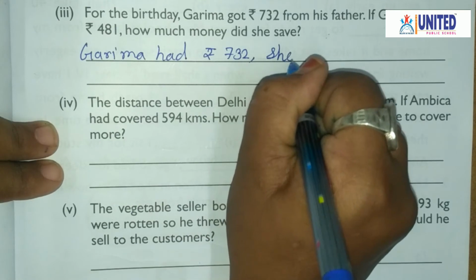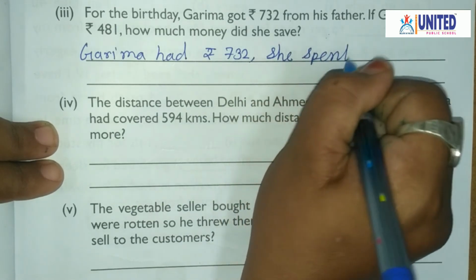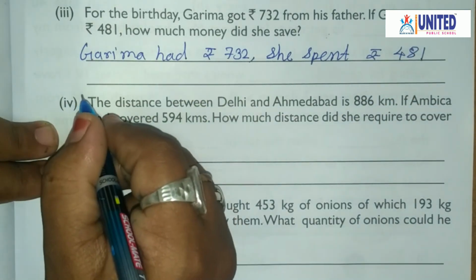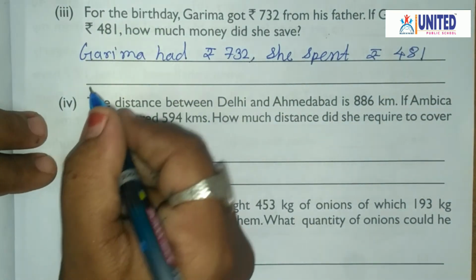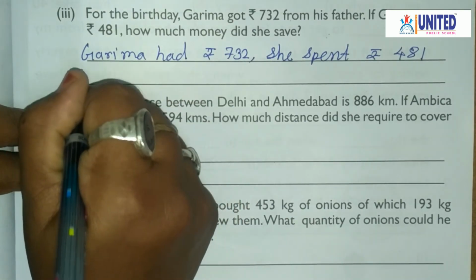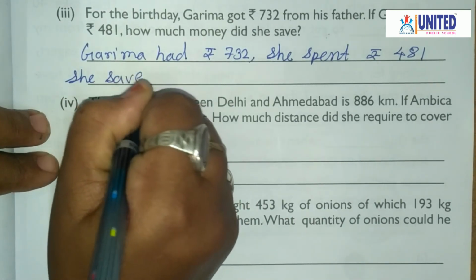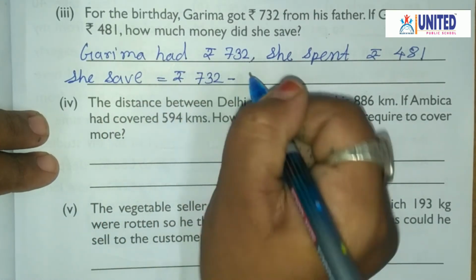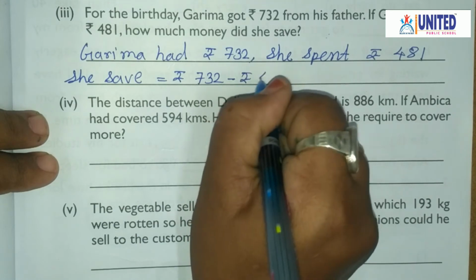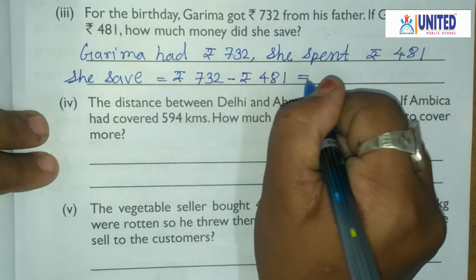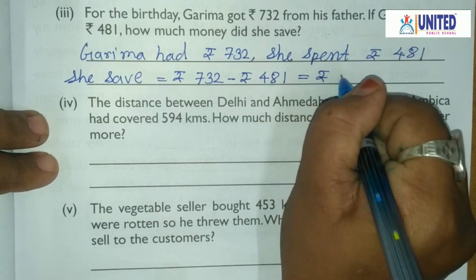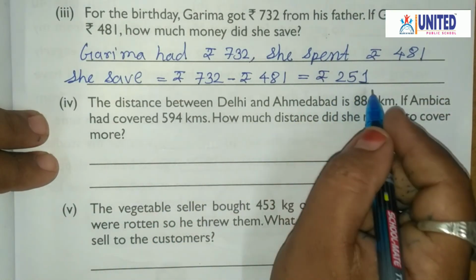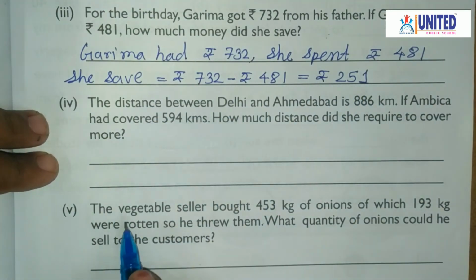She spent rupees 481. Now we have to find out how many rupees she saved. So she saved is equal to rupees 732 minus rupees 481. That is equal to rupees 251. Okay. So Garima saved rupees 251.